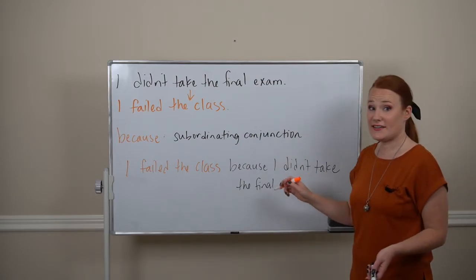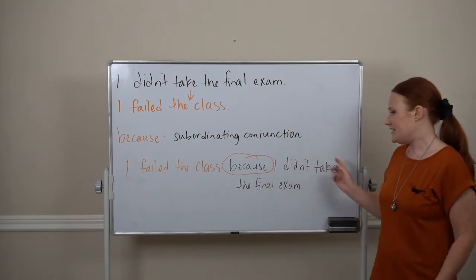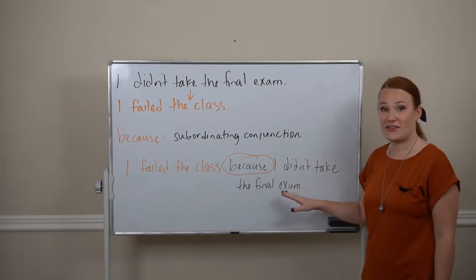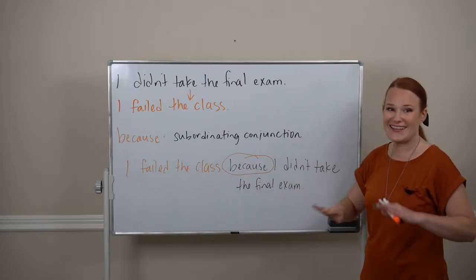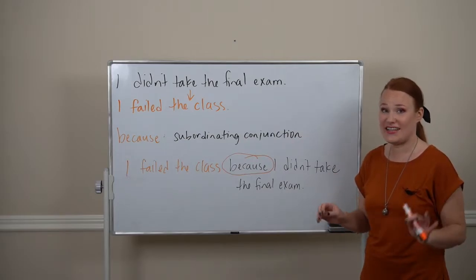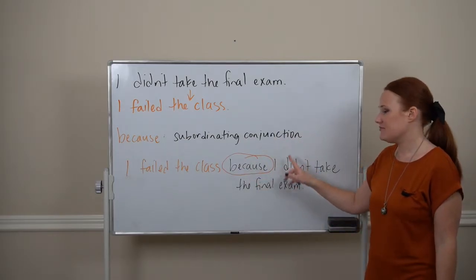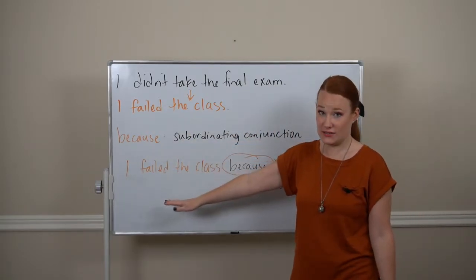So because is our subordinating conjunction here, and I didn't take the final exam, altogether that's our subordinate clause. So the subordinate clause can't exist on its own. I cannot just have a sentence that says because and a subject and a verb. It has to be connected to our main clause.